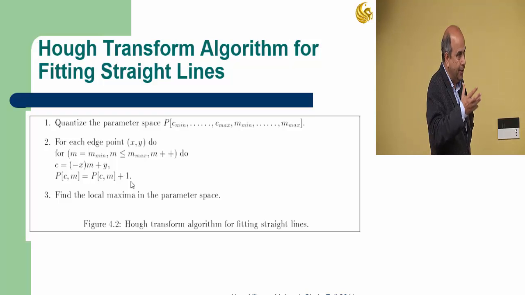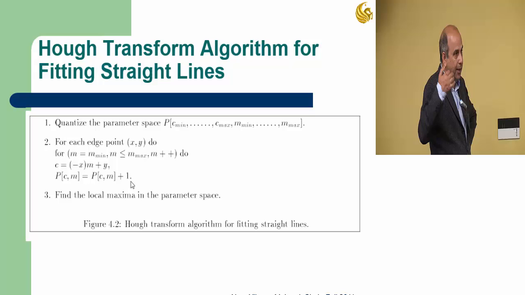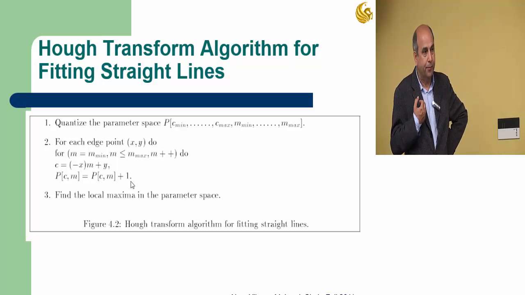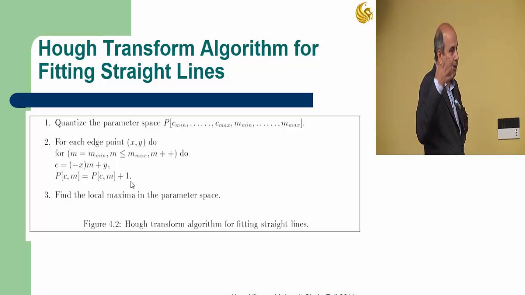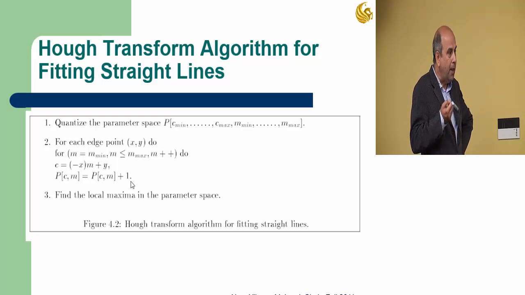But many real scenes don't have very clear lines, and you may have difficulty finding lines. Even though this is a very nice concept, a very nice method, and generalization of it is much more powerful. But that's precisely the reason that these days computer vision researchers are not really using lines, shapes, and so on.